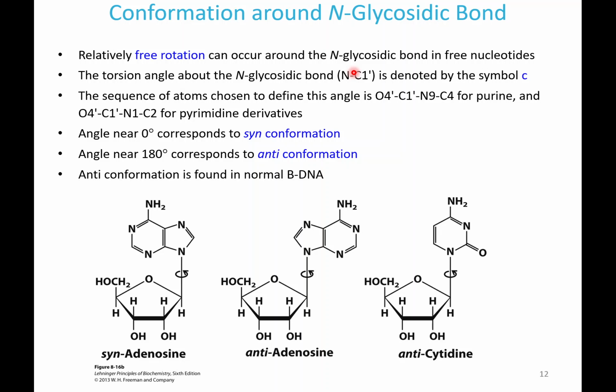Don't really know if we see many examples of the syn conformation. Sometimes you see them drawn that way, I think just because it saves space on a page to draw it like this as opposed to like that. But in DNA, it'll take this conformation.